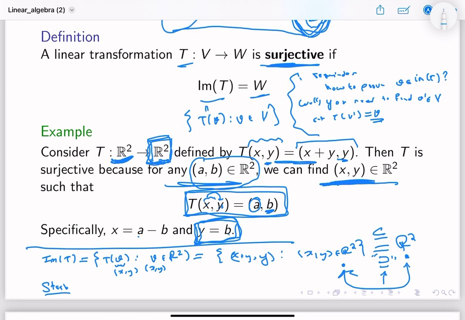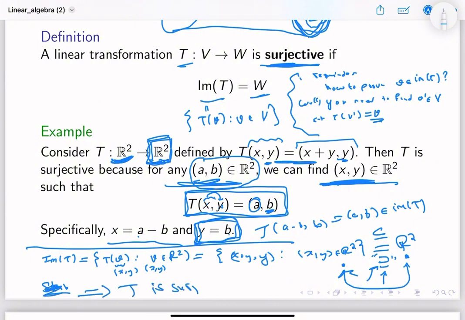You get this tuple, (a minus b, b), such that when you take T of that, you get (a, b), and this proves that (a, b) is actually in the image of T. This proves this containment, and thus this proves that the map T is surjective, as desired.